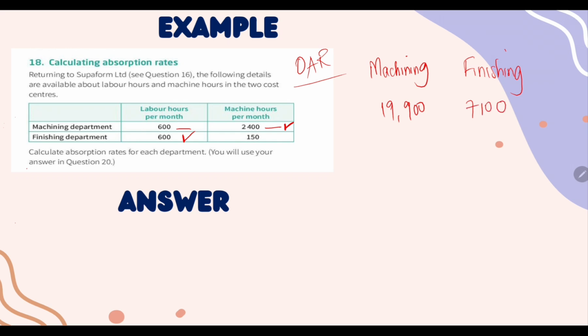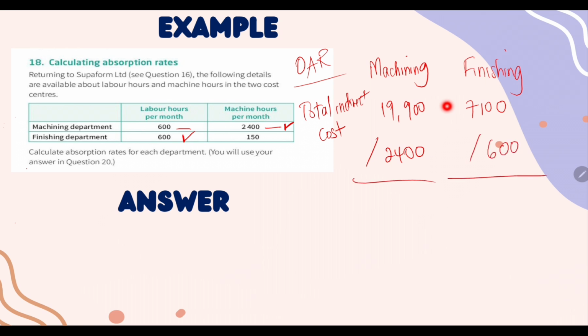So to calculate the absorption cost, you have the total indirect cost, and you have to divide this by the selected hour, right? And this is what you call a dominant hour. So in this case, the dominant hour is 2,400 for machining department, and for finishing department it's 600.